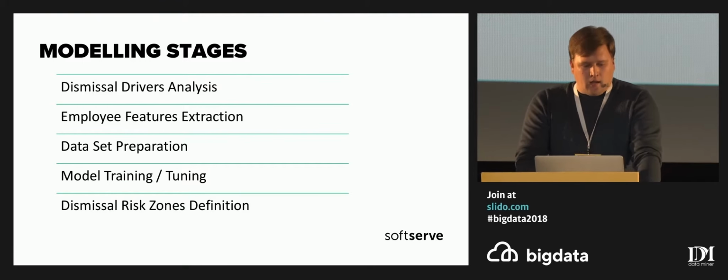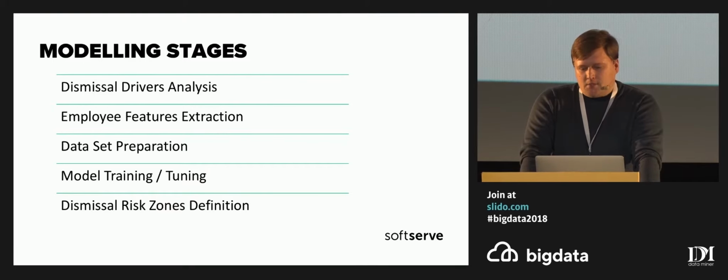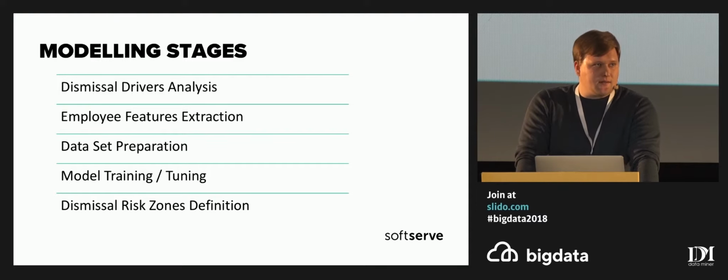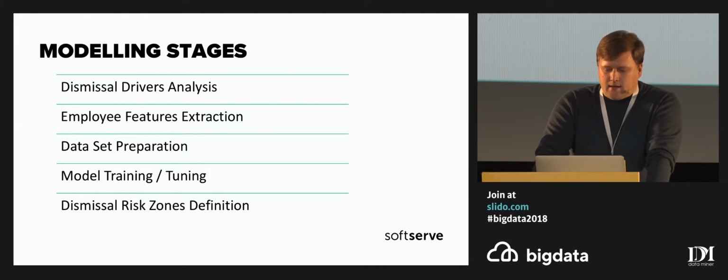Okay, modeling stages. For this project, we use the following scheme, and I think a lot of us use a similar flow in any data science project. Firstly, we made a data analysis stage for researching patterns in data with the target variable.